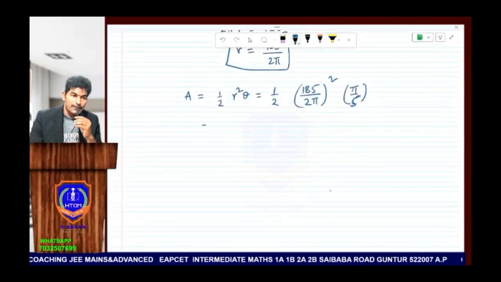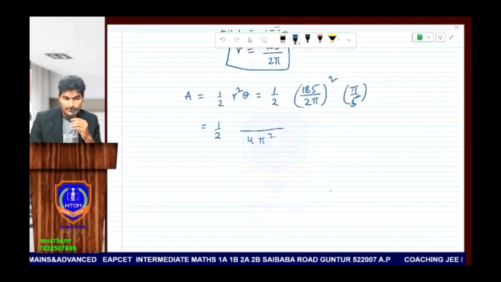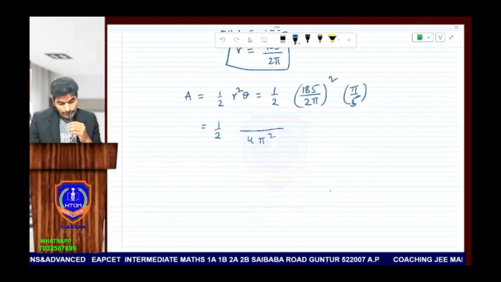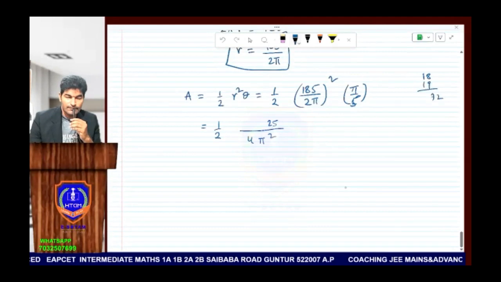Now this is equal to 1 by 2 into 185 square. How much is 185 square? 5 square is 25, and 18, 19s are 34225.